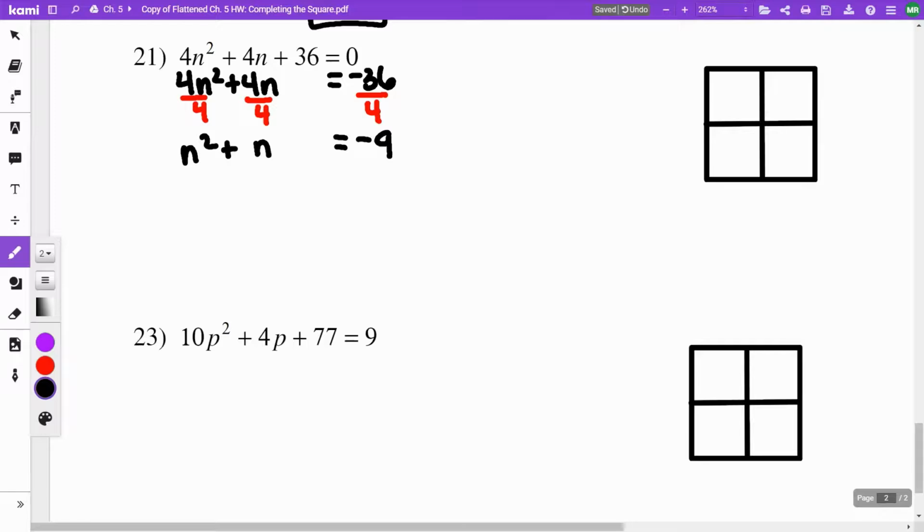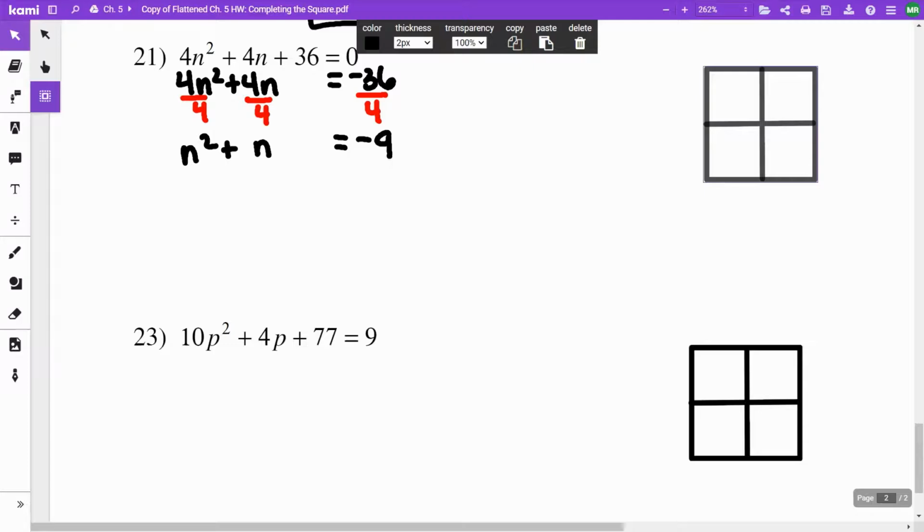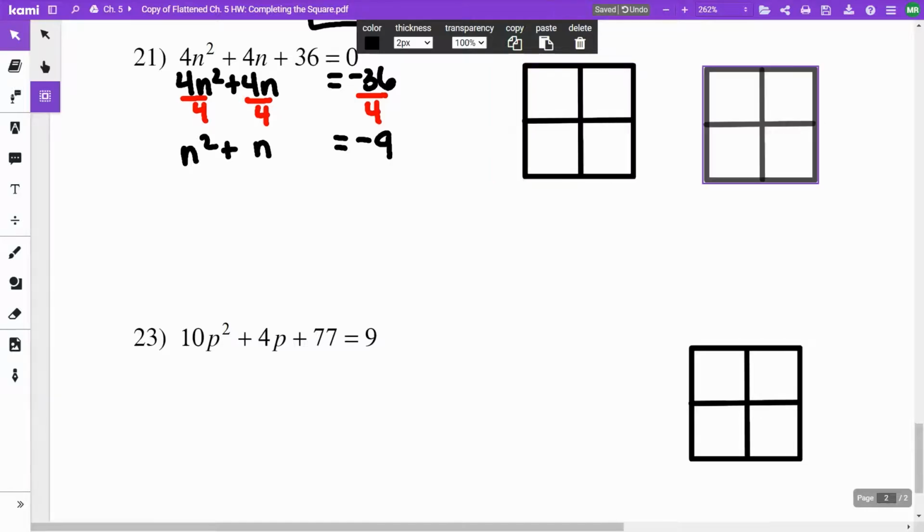Okay, so in this case, this one is not going to be as nice because my n is not an even number. So I'm actually going to work this out two ways. I'm going to do it with fractions. I'm going to do it with decimals.